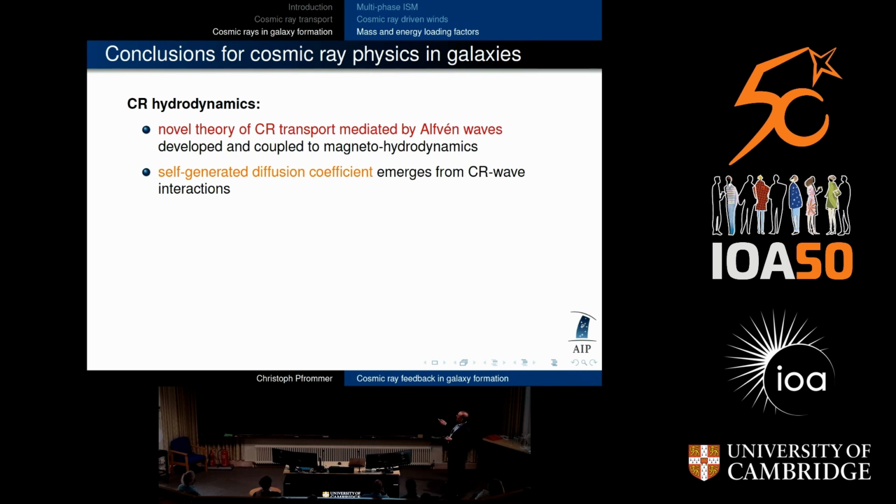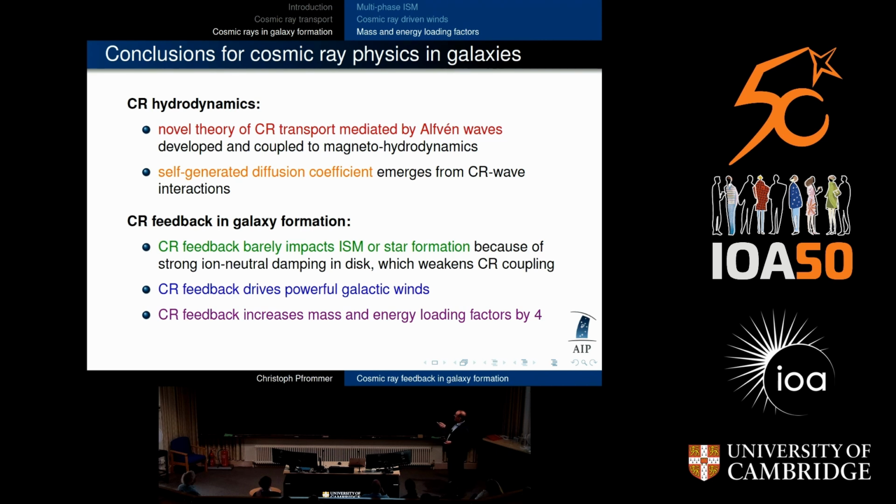And this self-generated diffusion coefficient naturally emerges from the cosmic ray wave interactions I just explained to you at the beginning. And then adding this to galaxy formation requires you to not only model a broad brush galactic model with a lot of subgrid, but to really self-consistently model the multi-phase structure, the hot, the warm, and the cold phases, because they matter.